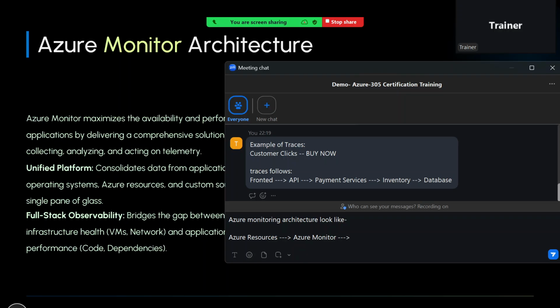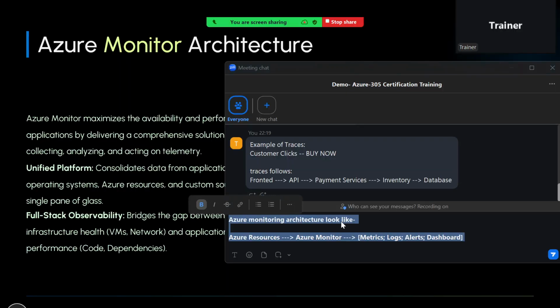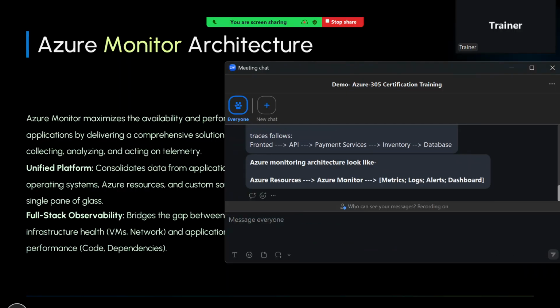Then it goes to a combination of metrics, then logs, then alerts, then dashboards. So Azure Monitor is a central monitoring service.